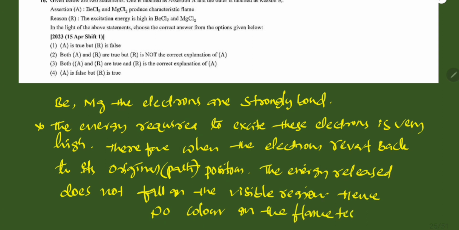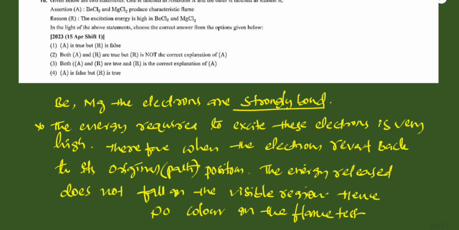Why do magnesium and beryllium not give a flame test? In beryllium and magnesium, the electrons are strongly bonded. The energy required to excite these electrons is very high. Therefore, the electrons revert back to their original position, and the energy released does not fall in the visible region. Hence, no color in the flame test. So according to the question, which is right?